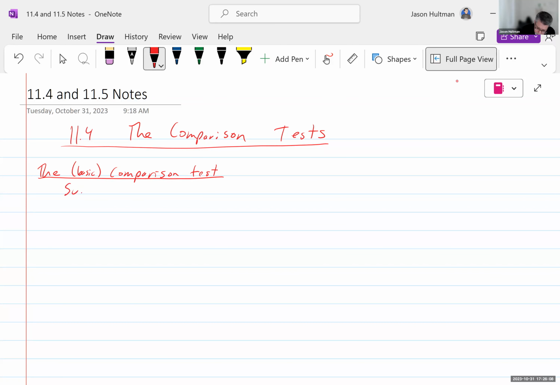Okay, suppose the series a sub n and the series b sub n are series with positive terms. Okay, so they got to be positive terms here.